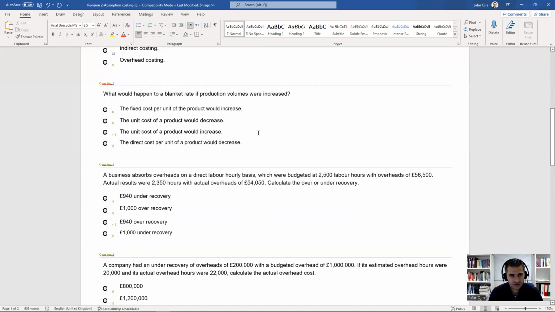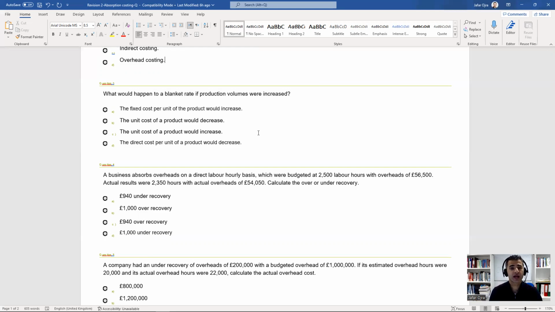What would happen to a blanket rate if production volumes increased? A blanket rate is a similar way of doing an overhead absorption rate, but it is more generalized. It's not as accurate as the overhead absorption rate, because that is more specific to a department, while a blanket rate is just in general.